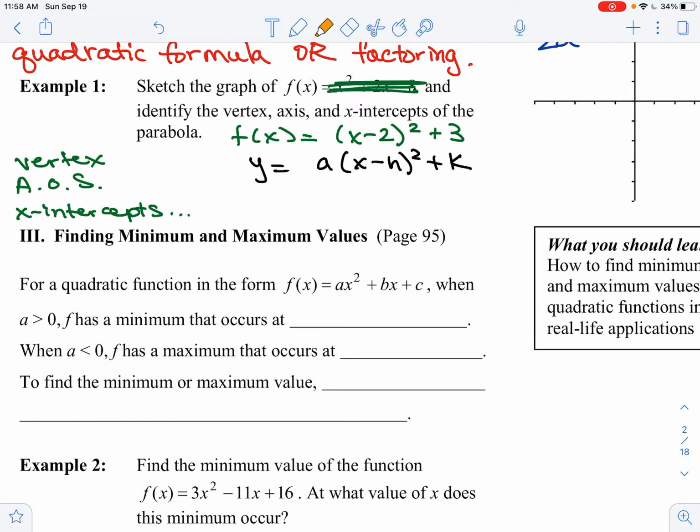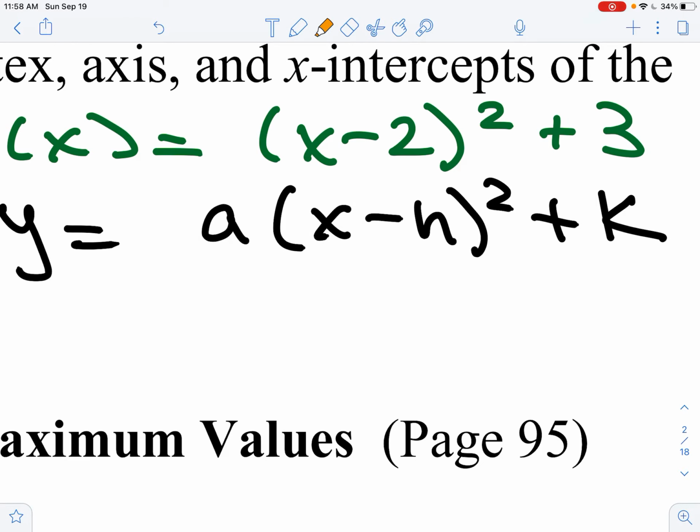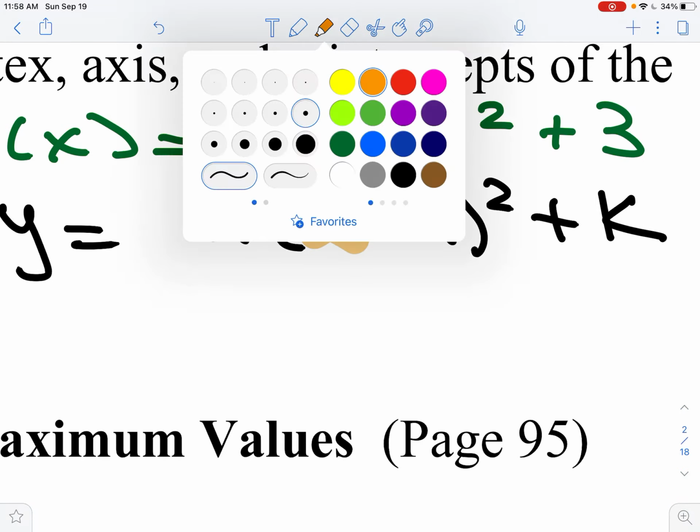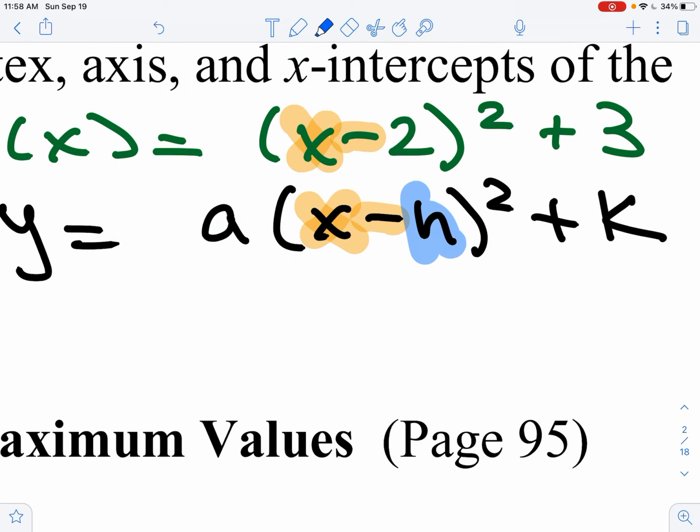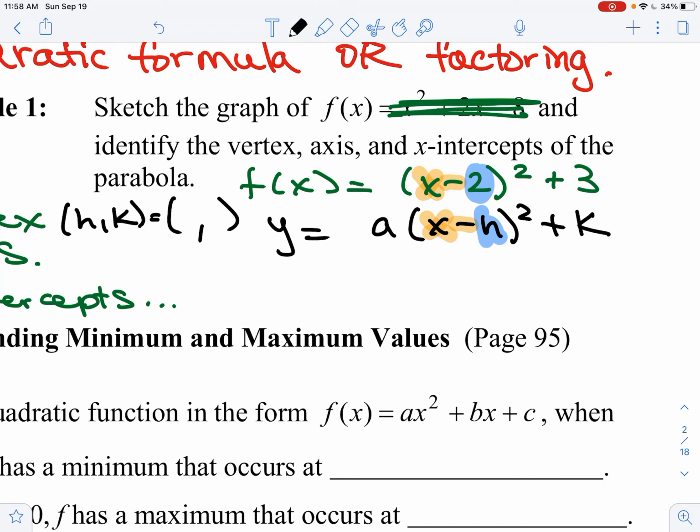So looking at this, let's find the vertex. We know that the vertex is h comma k given the form. So let's find h. I look here and I know it says x minus. Here's x minus. So where is h? We know h is here, so this value, which is a positive 2, is our h. So that's going to go right here, positive 2.